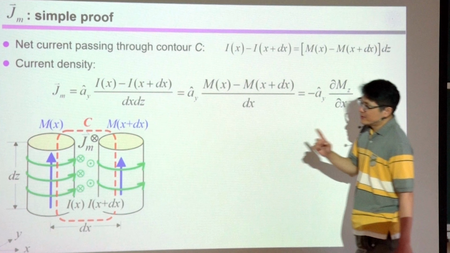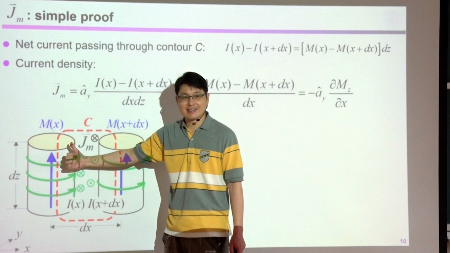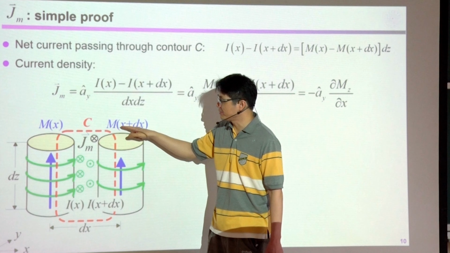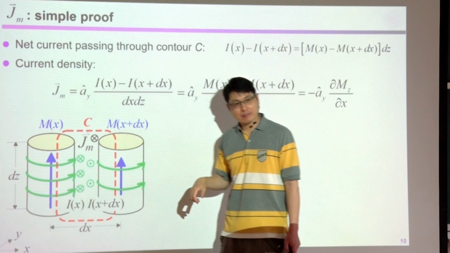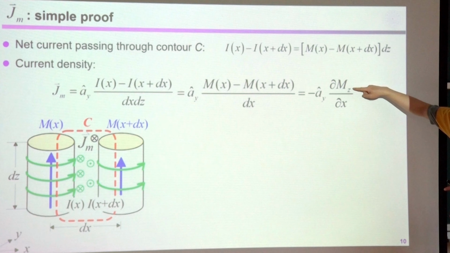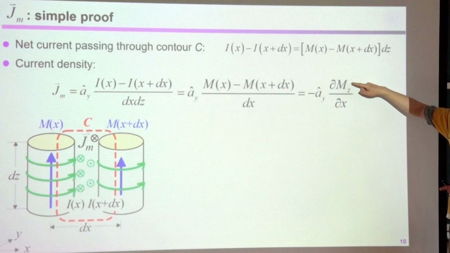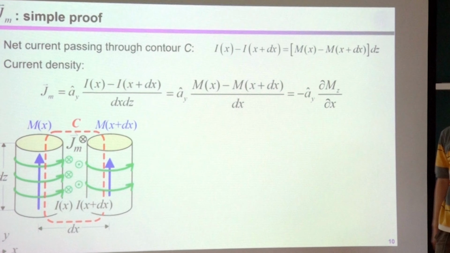But remember, the M of x and M of x plus dx are oriented in the z direction. So basically, you're performing partial differentiation of the z component of M with respect to x.